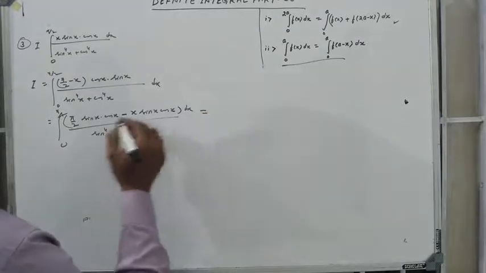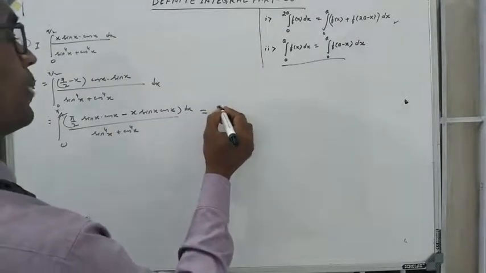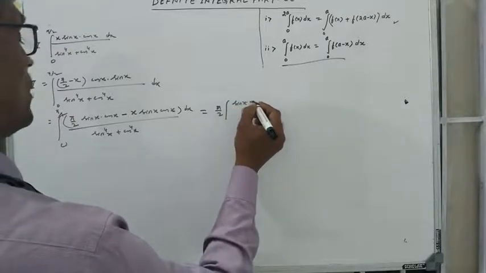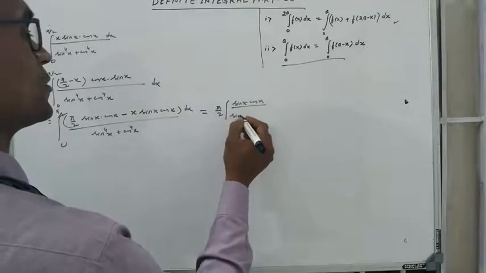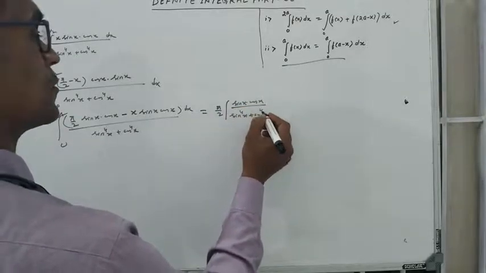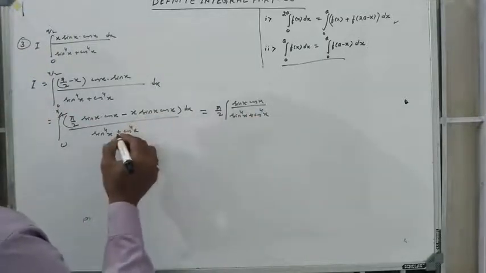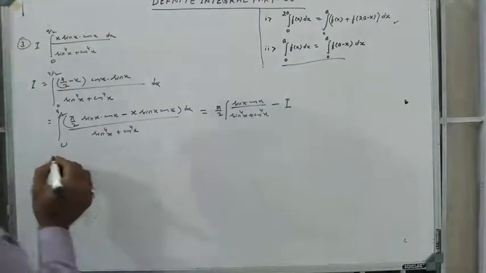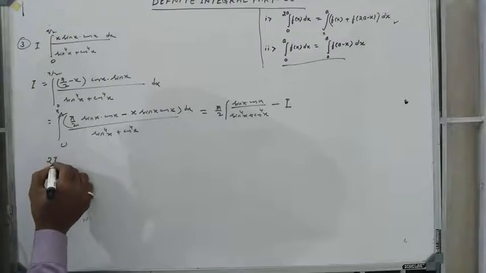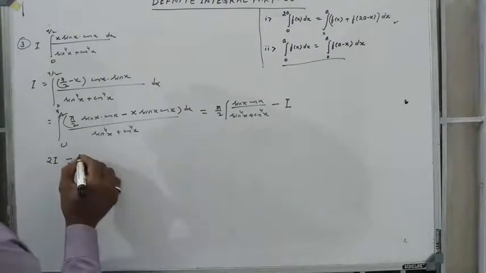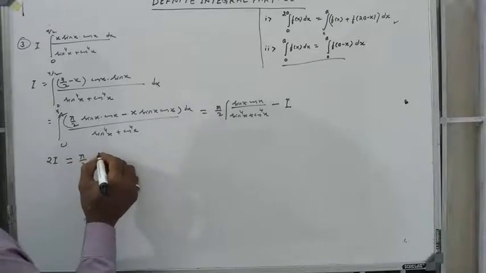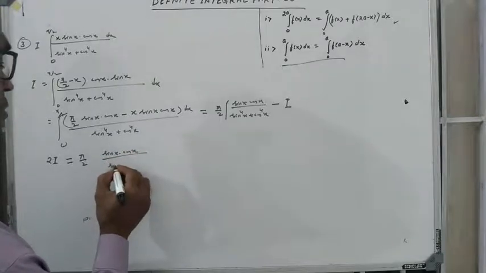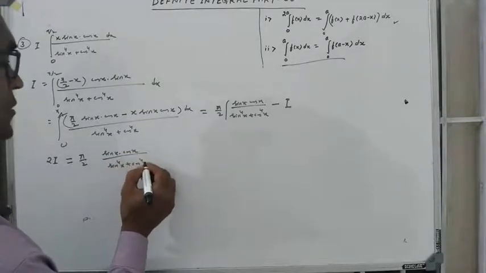Now divide it separately, you will get pi by 2 times sin x cos x by the denominator, and the second term gives you I. So I will come to the left side, then it will give you twice I, and twice I equals pi by 2 times the integral of sin x cos x divided by sin 4x plus cos 4x.